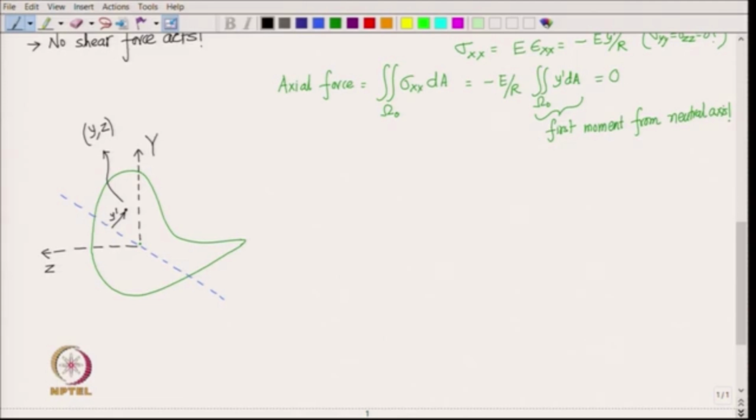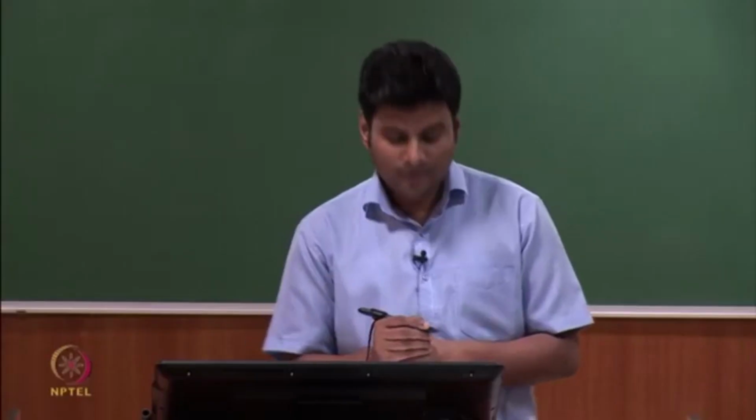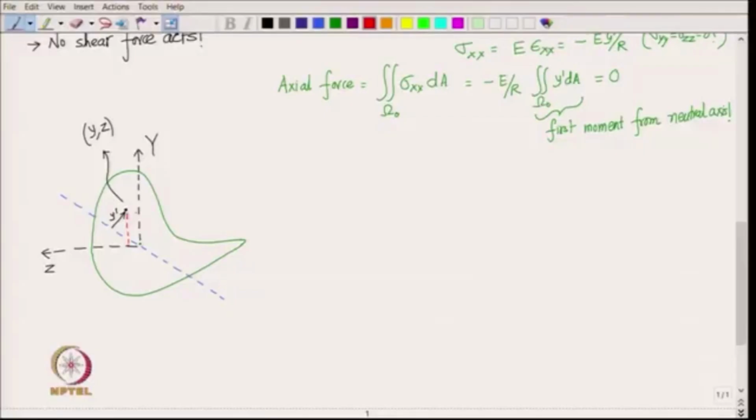So, we have to do some geometrical construction. We can see the vertical red line and this horizontal red line. The horizontal is z and the vertical is y, because the coordinate of the point is y comma z.